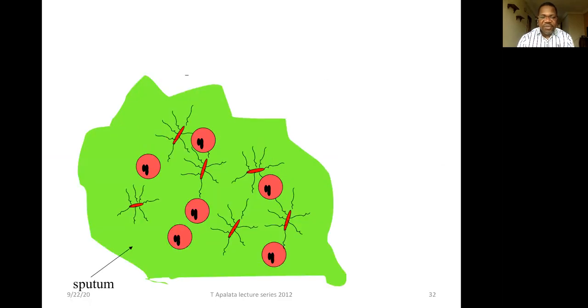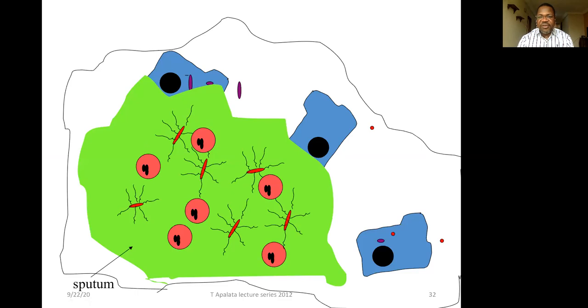This sputum will then become contaminated with those large epithelial cells that we find in the oropharyngeal area. So this is what came from the bottom of the lung and this is the contaminant that surrounds that specimen. Okay, so this is what you find, mainly from the saliva.